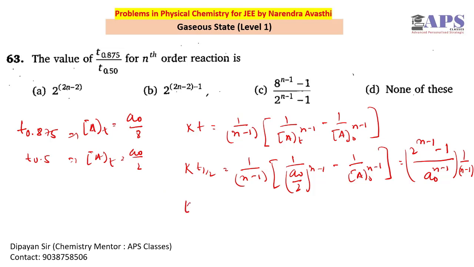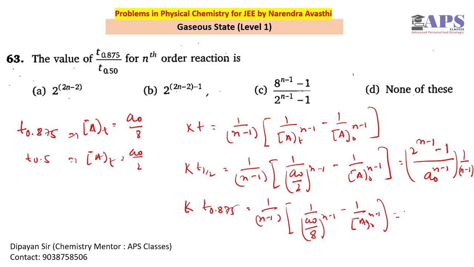For K into T 0.875 equal to 1 by n minus 1 times (8 to the power n minus 1 minus 1) divided by A0 to the power n minus 1.